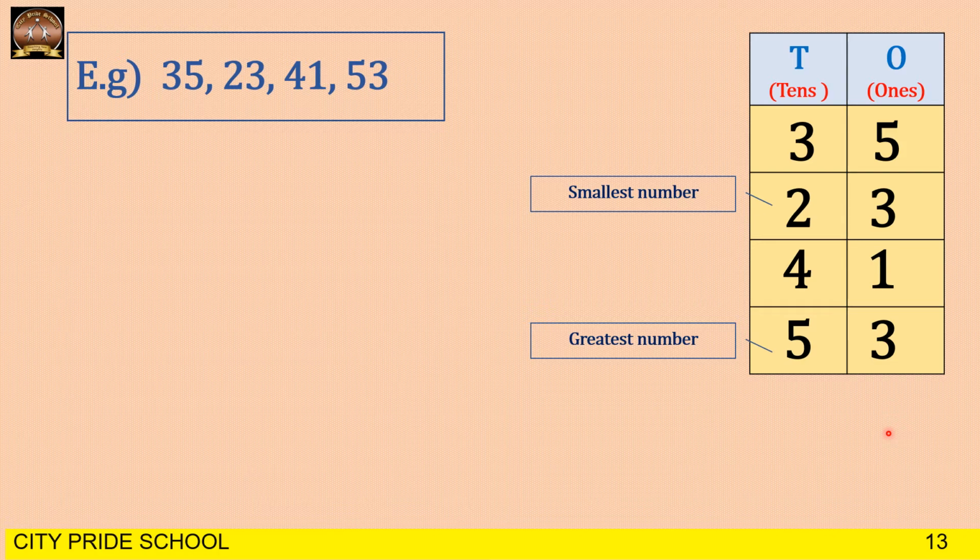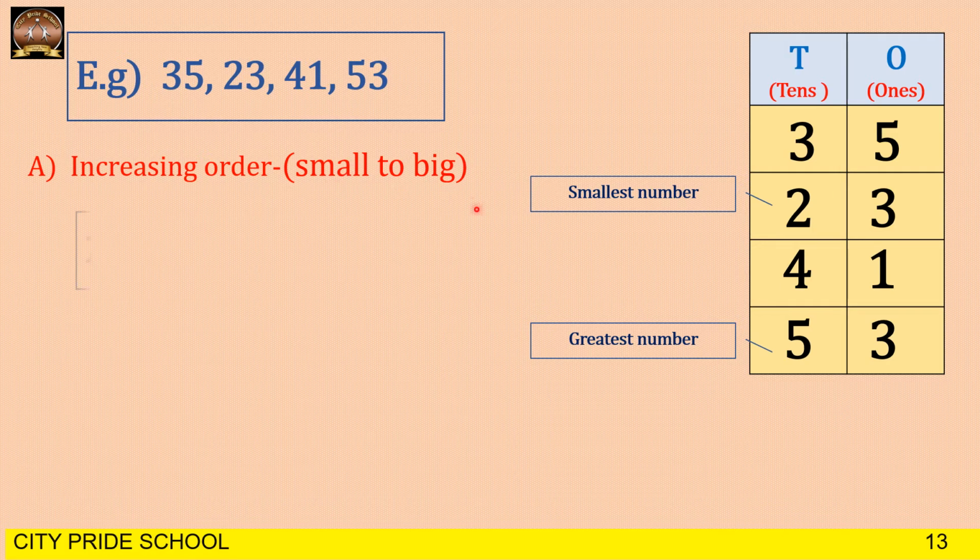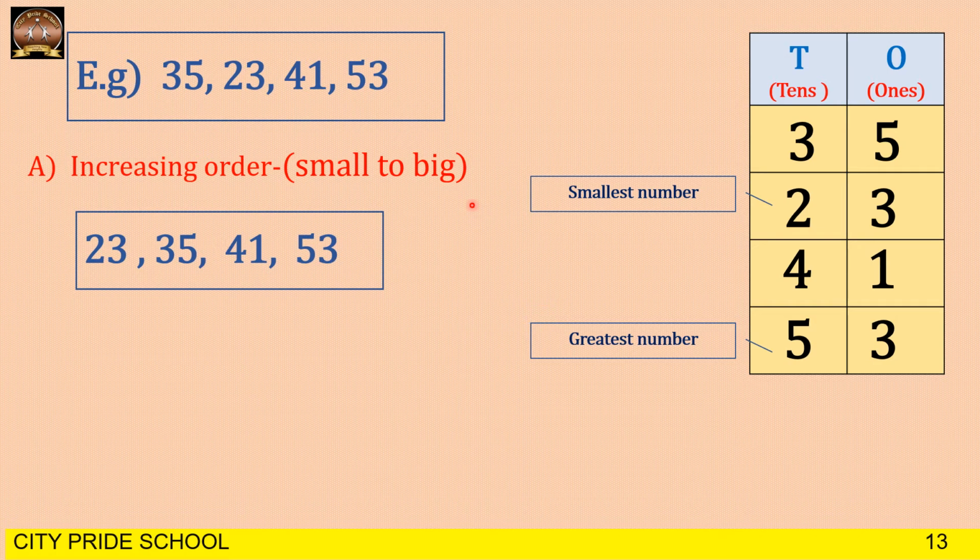So we can find out which is the greatest number and which is the smallest number among all these numbers, right? Now, increasing order means from small to big, okay? So now if you want to arrange the numbers in increasing order, then what will we do?